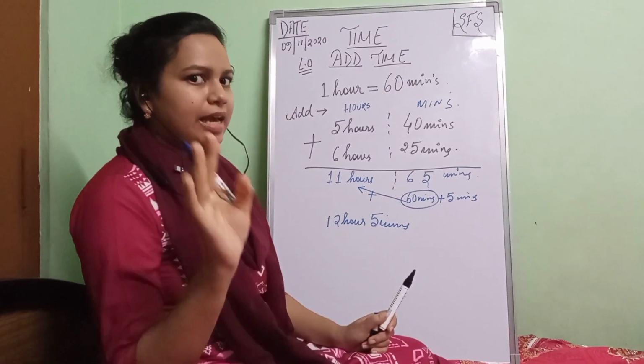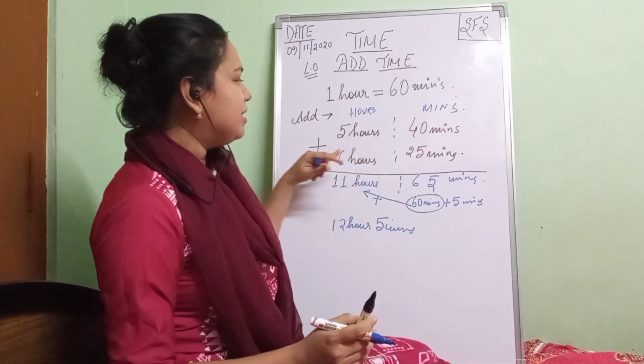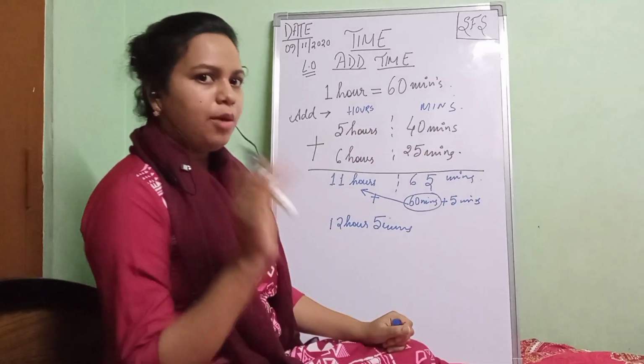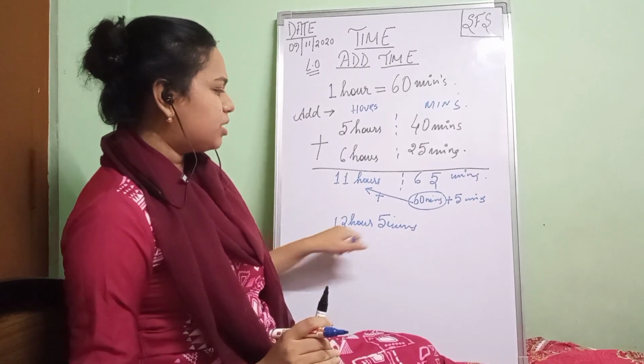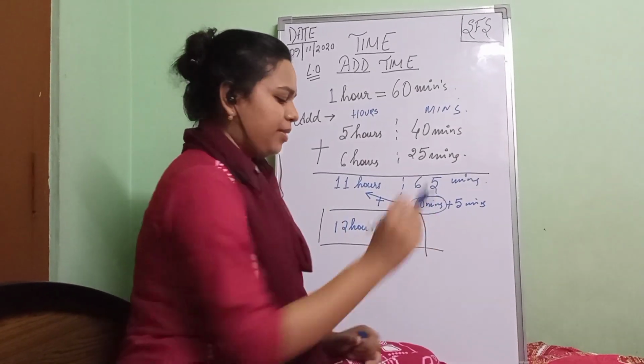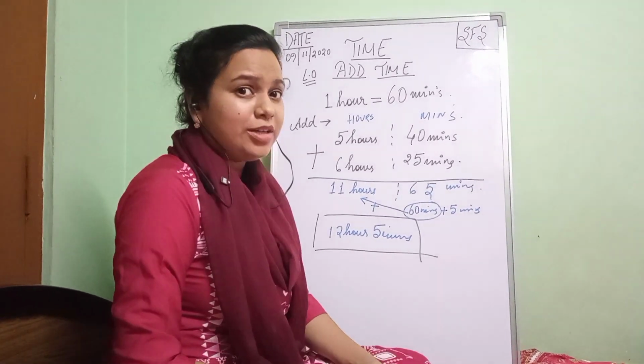So I can say that 5 hours plus 40 minutes and 6 hours plus 25 minutes, if you add this time, how much do you get? 12 hours and 5 minutes. Okay? Alright. Is it alright? I hope you understood.